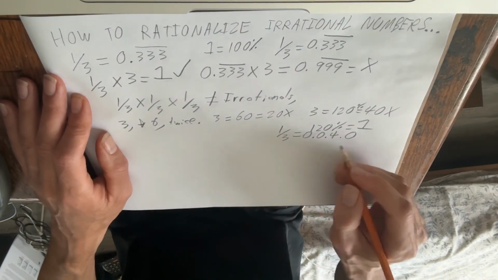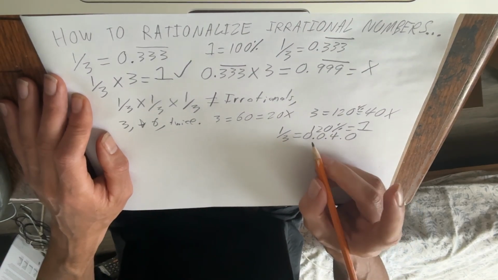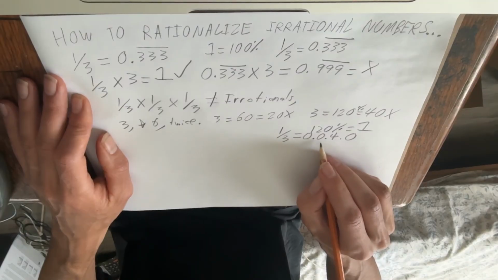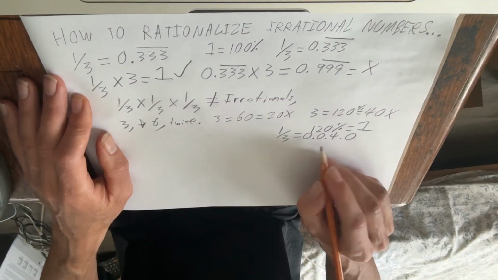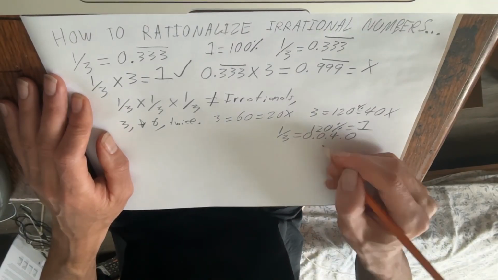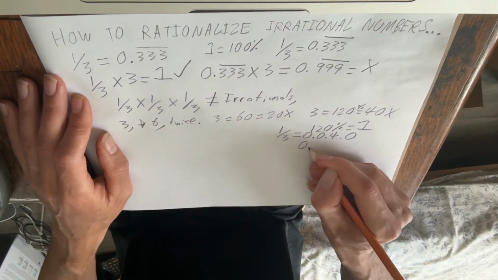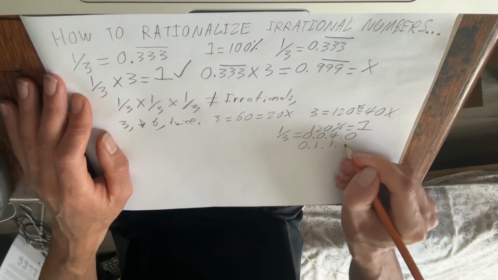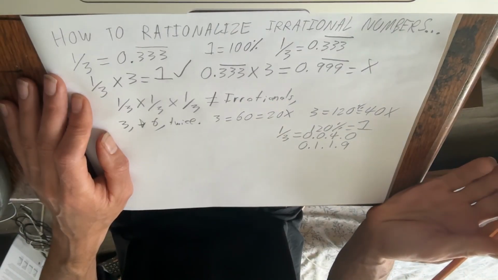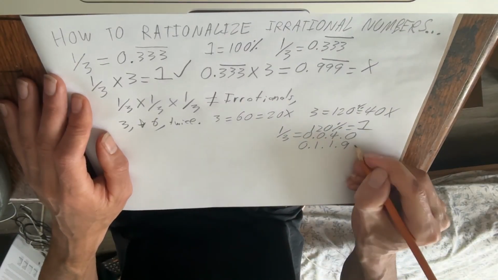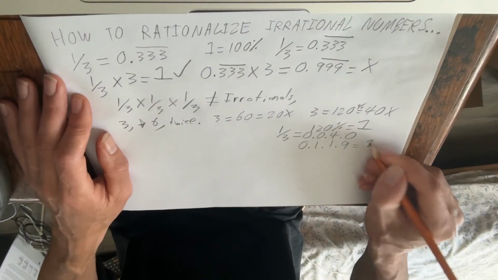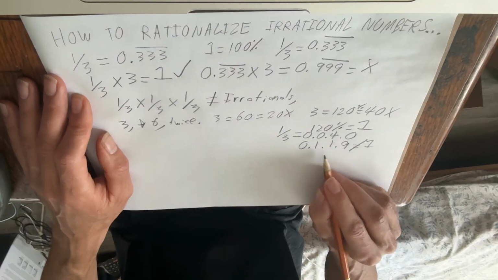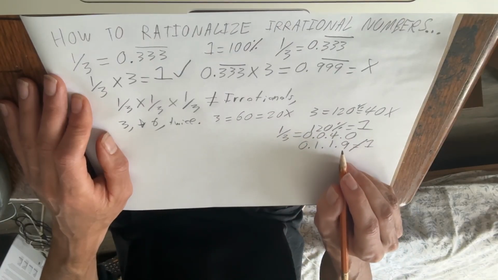It's because this can go to 0.1.1.9, and that would still not equal 1, because it would have to have 1 more to allow it to do so.